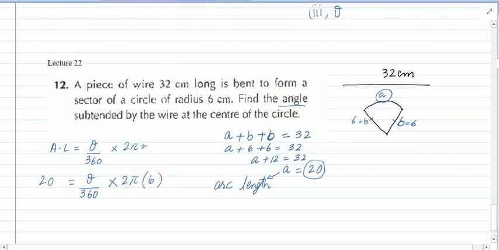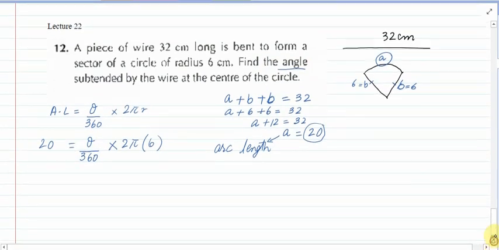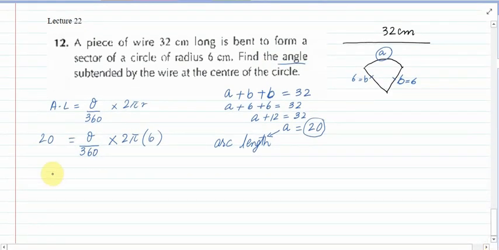So now such type of questions we have done in our last lecture. So you need to solve it by cross multiplication. 20 multiplied by 360 divided by 12 pi is equals to theta. That expression is basically 12 pi. So solve it with the help of calculator.